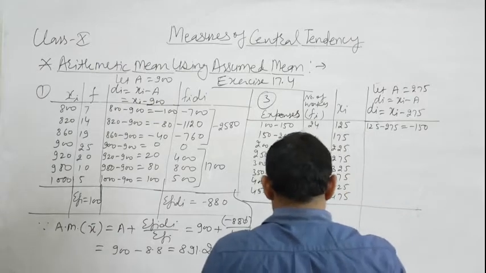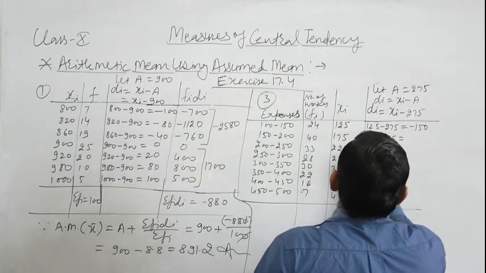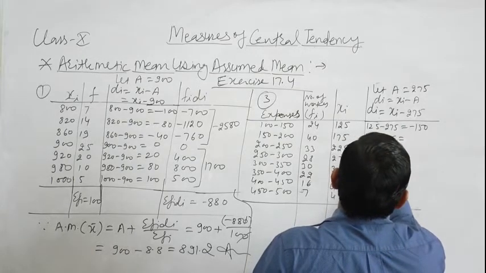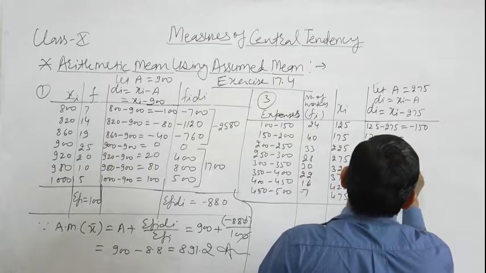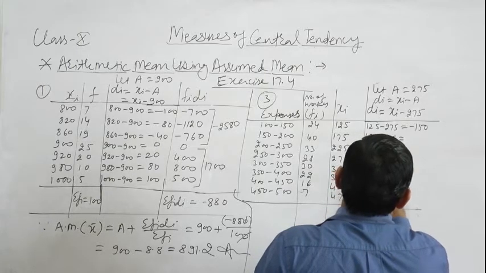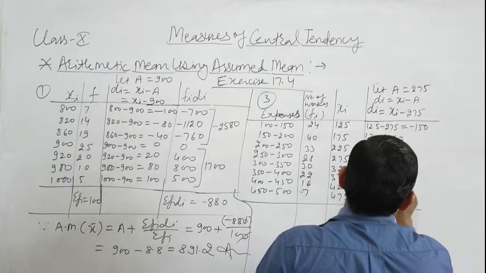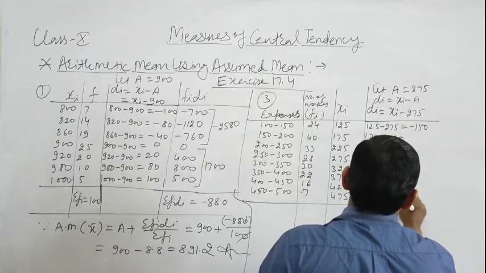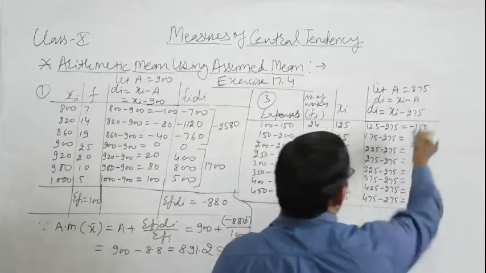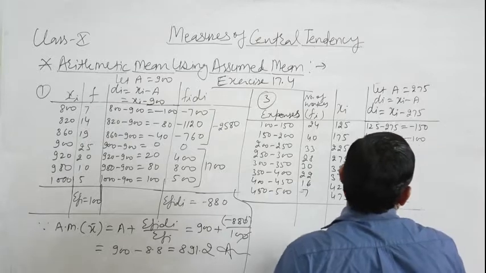125 minus 275, then 175 minus 275, then 225 minus 275, 275 minus 275, 325 minus 275, 375 minus 275, 425 minus 275, and 475 minus 275. 175 minus 275 is minus 100.